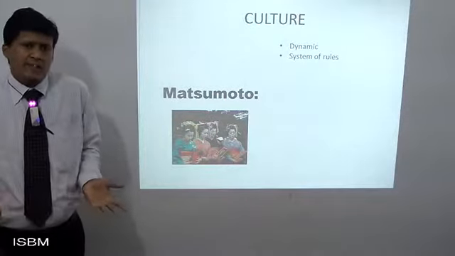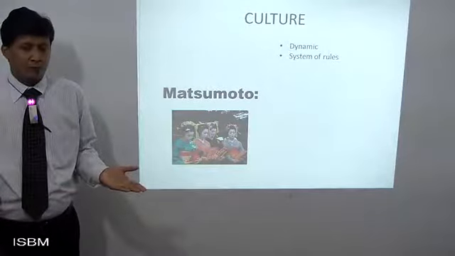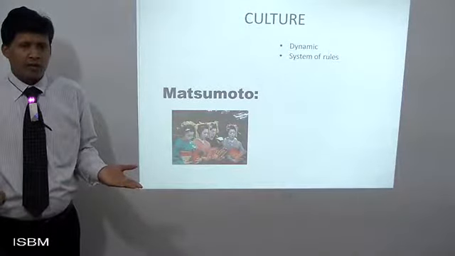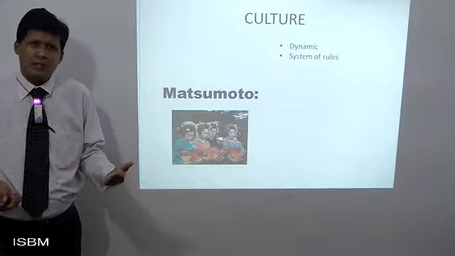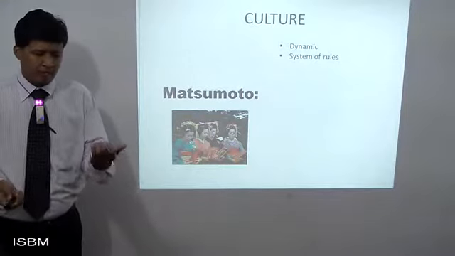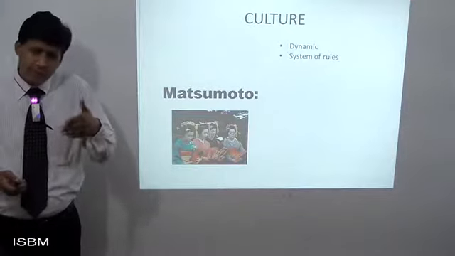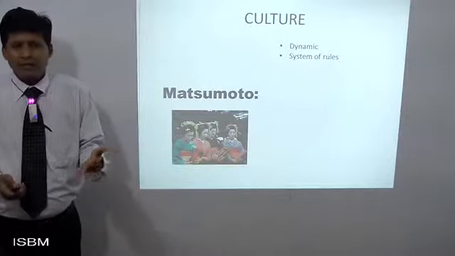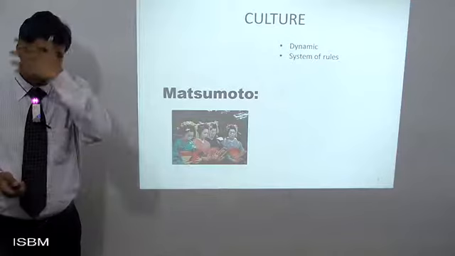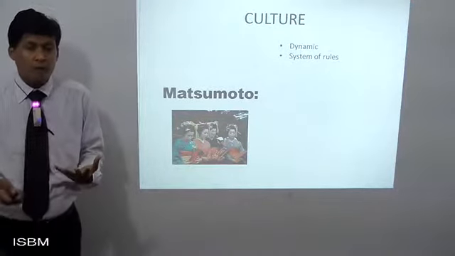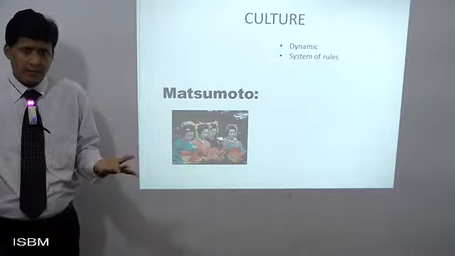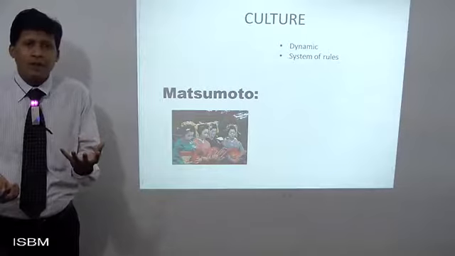And how is culture formed? System of rules. Now, if you want to drive home a particular idea or a belief or a value, what do we do? We make rules about it. For example, in a family, does a culture exist also in a family? Yes, isn't it? And how are cultures made in the family?